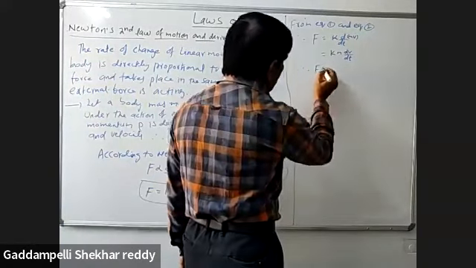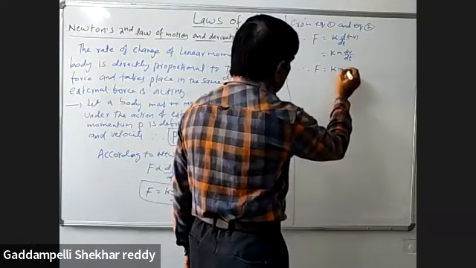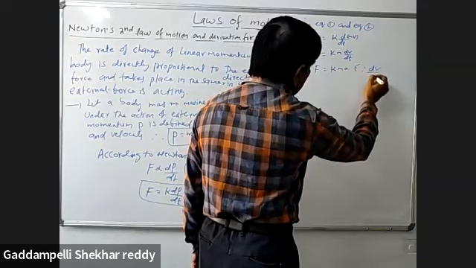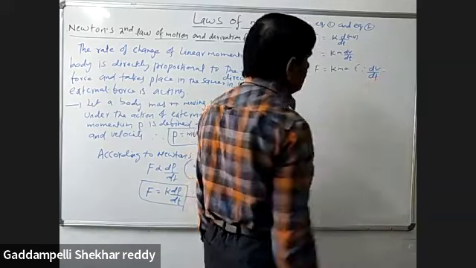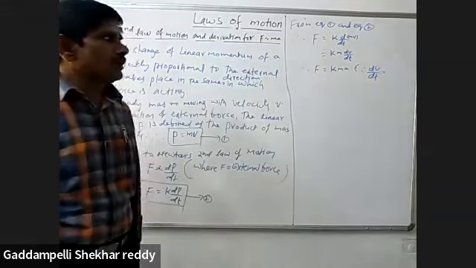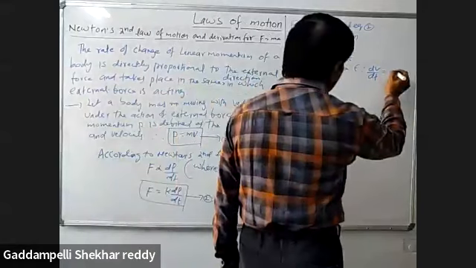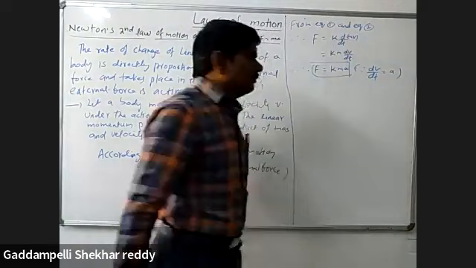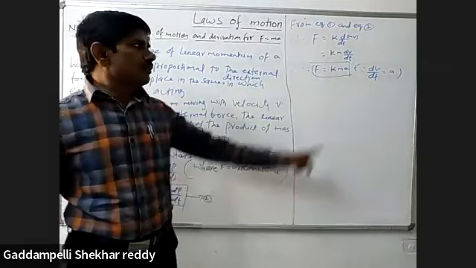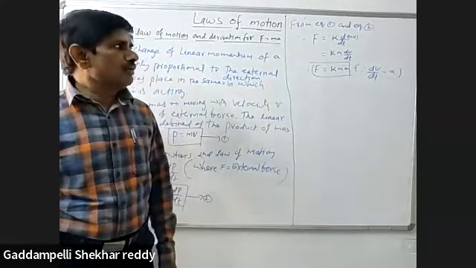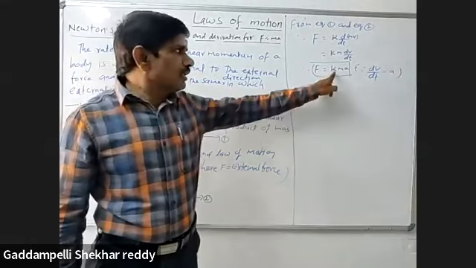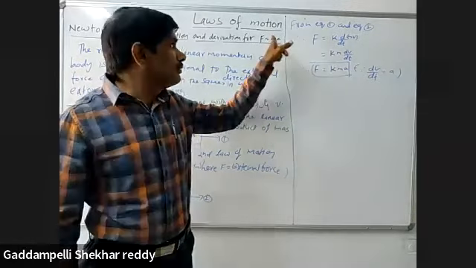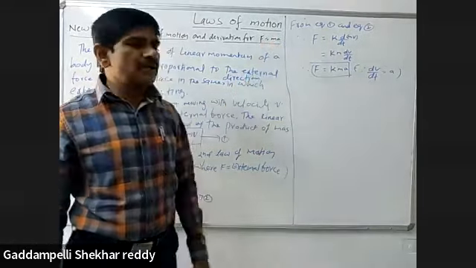Finally, F is equal to K ma, since dv by dt, the rate of change of velocity, gives the acceleration. Here K is constant, so in this formula we can remove it, and we get F is equal to ma.